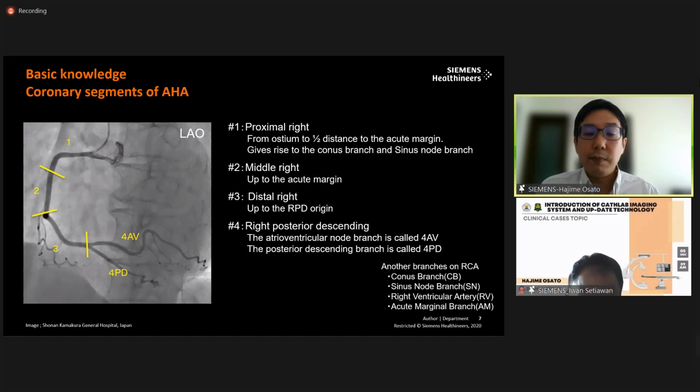If this blood flow stops, there is a risk of arrhythmia, and if the sinus node branch is occluded, bradycardia happens. So RCA has an important side branch for controlling heartbeat.